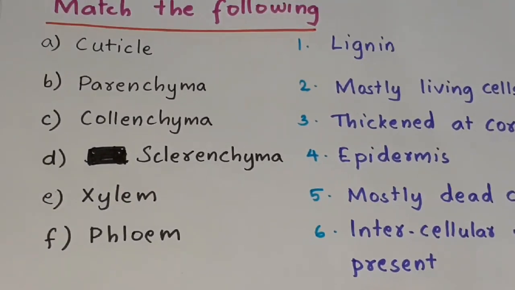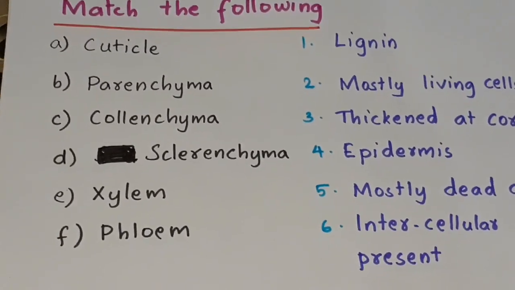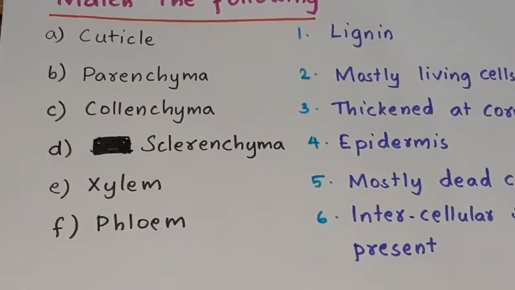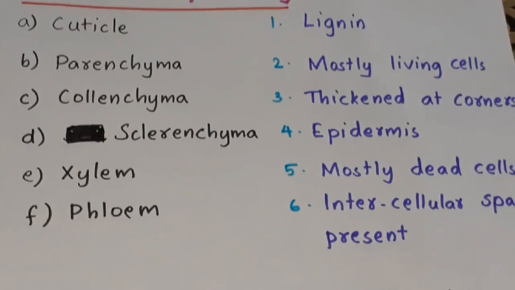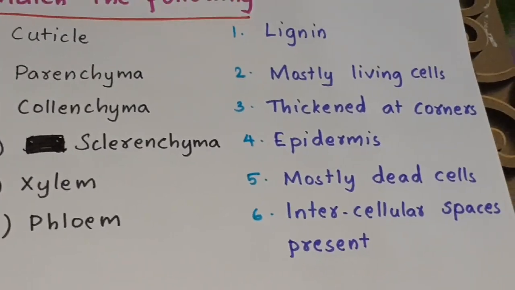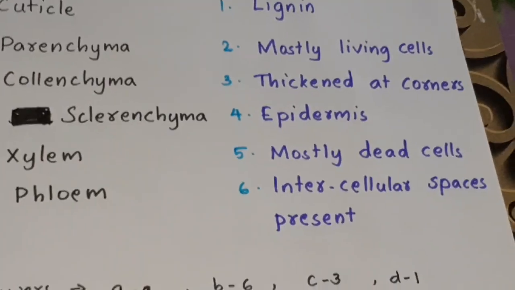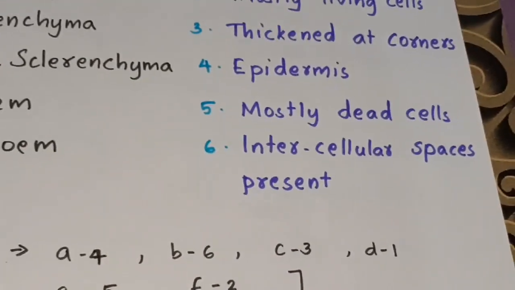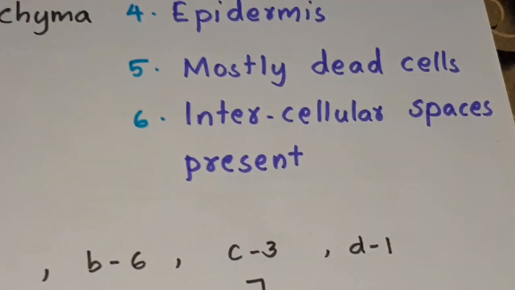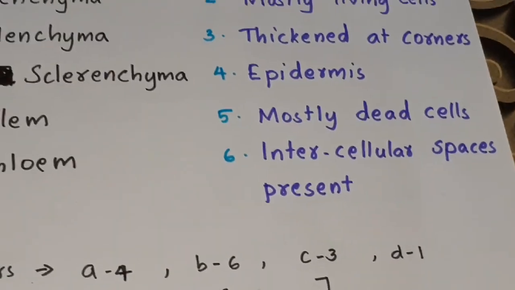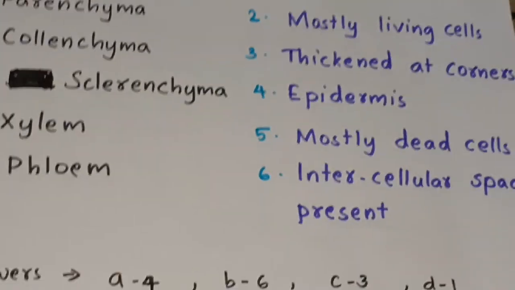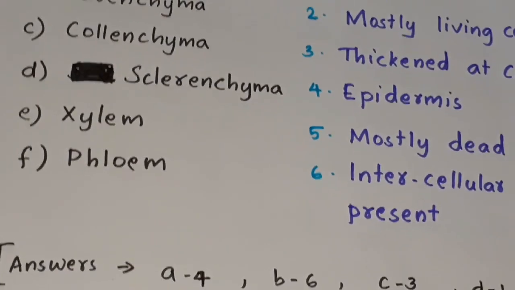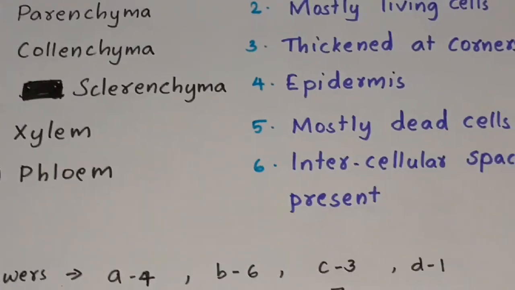So the first answer, A's answer, is number 4. B, parenchyma. Among the six options, the sixth option, intercellular spaces present, is matching with parenchyma. Intercellular means the space between two cells, and they are in parenchyma cells only. So the sixth option is matching with parenchyma.